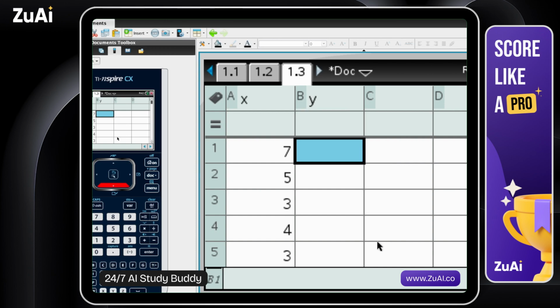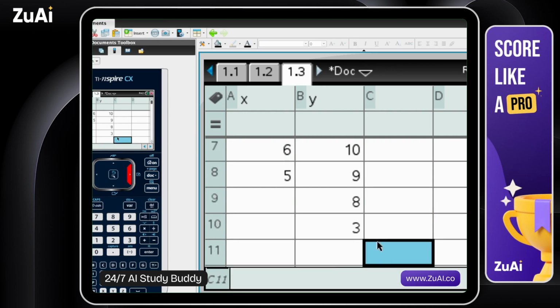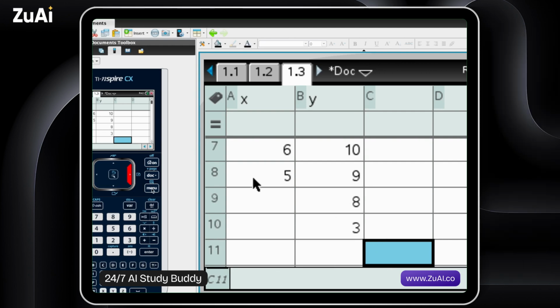And here we have 6, 9, 8, 10, 1, 9, 10, 9, 8, 3. So it doesn't matter that there's 2 more values here.